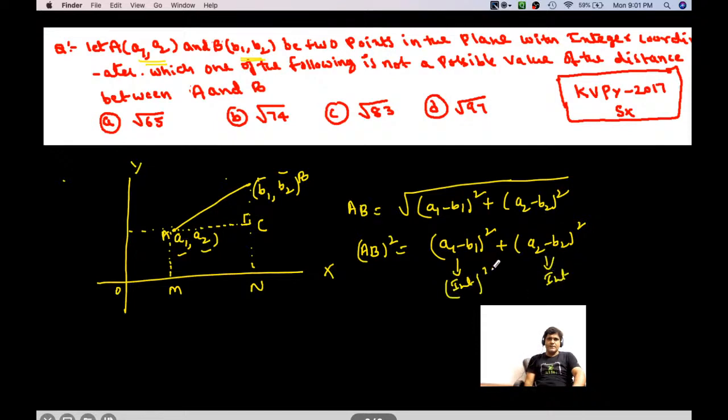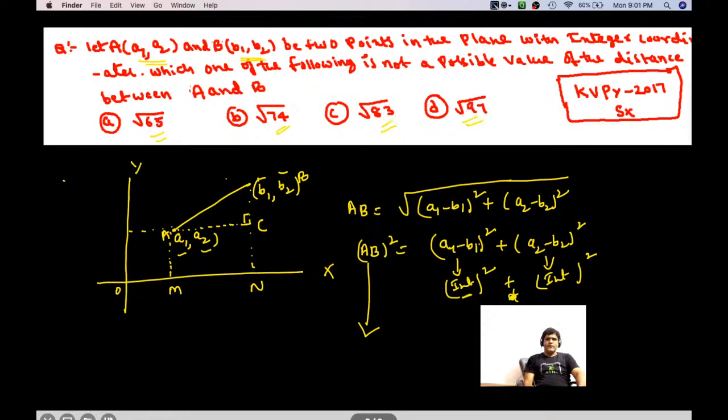Therefore AB, the distance square, is equal to integer square plus integer square. The distances given are root 65, root 74, root 83 and root 97.